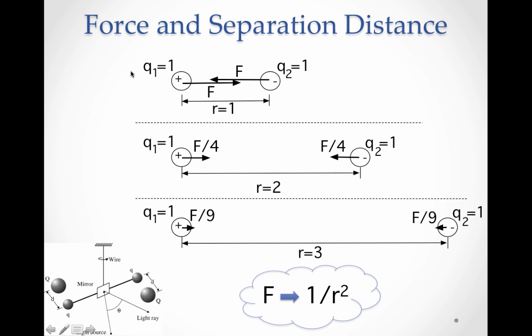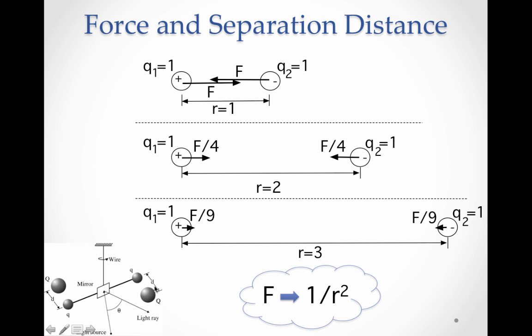Now let's take a look at the relationship between force and separation distance. In our diagram here, we're going to keep the charges the same at 1 in all of these cases, but we're going to change the separation distance. Sometimes the separation distance is given a symbol r for radial distance. So we're going to start off with what we're going to call r equals 1.